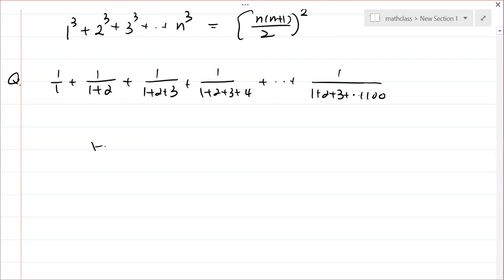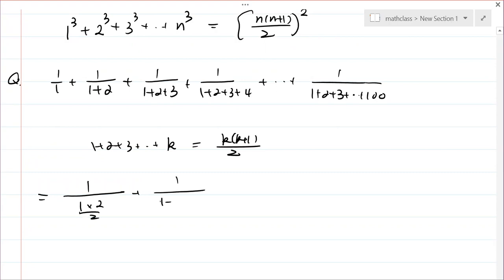Think about that: 1 plus 2 plus 3 all the way to k is going to be half of k times k plus 1, if you use this formula. Then the above sum is what? If I only have a 1, you have 1 times 2 divided by 2. 1 plus 2 is 2 times 3 divided by 2. The third term will be 3 times 4 divided by 2, the fourth term 4 times 5 divided by 2.